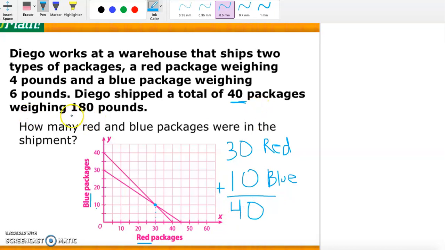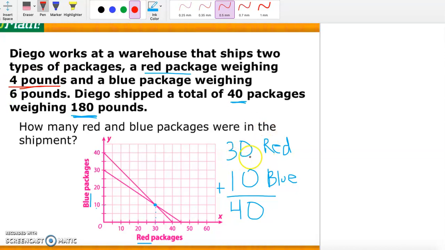And then it says, but they weigh 180 pounds. So let's make sure that our weight is correct. It says here, a red package weighs 4 pounds. Okay, I'm going to use red for the red.